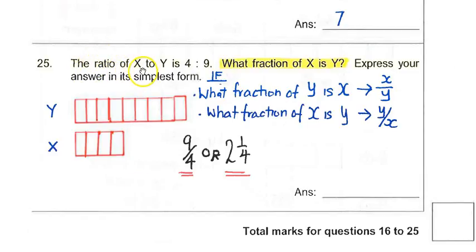The ratio of x to y is 4:9. Okay, now x is 4, y is 9. 1, 2, 3, 4, 5, 6, 7, 8, 9. Now what is important here is you must understand this particular line.